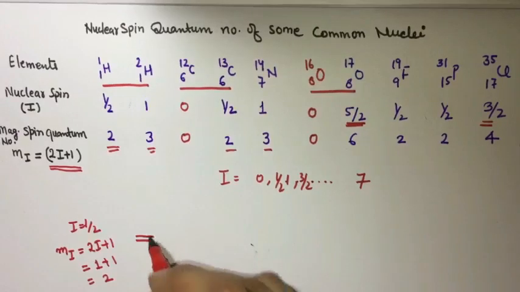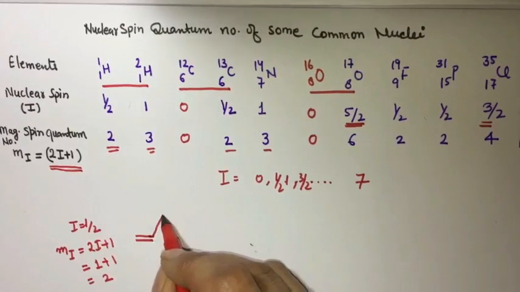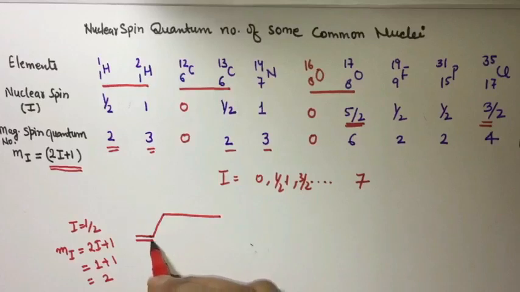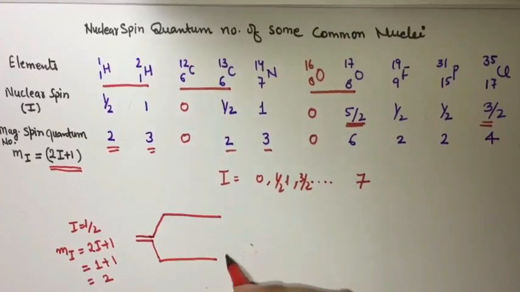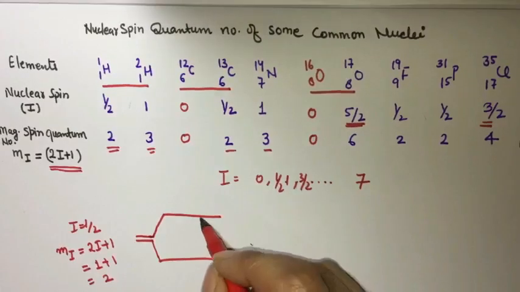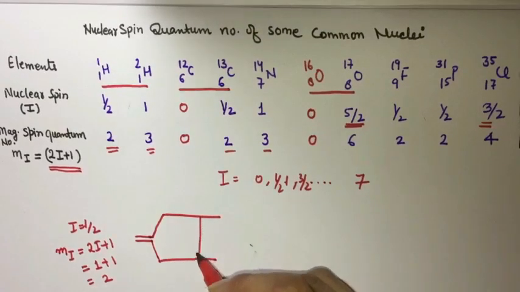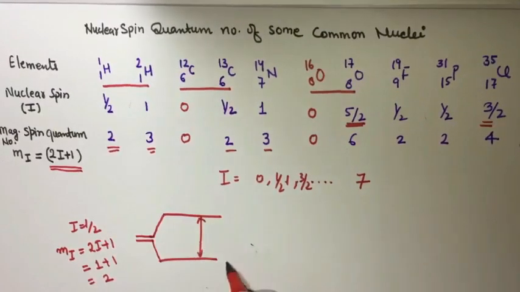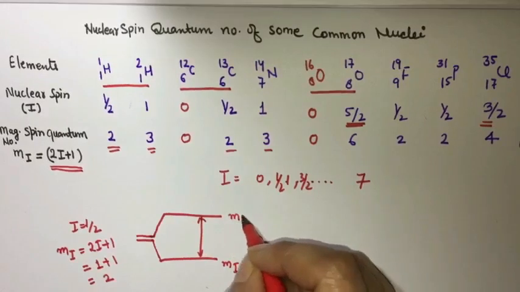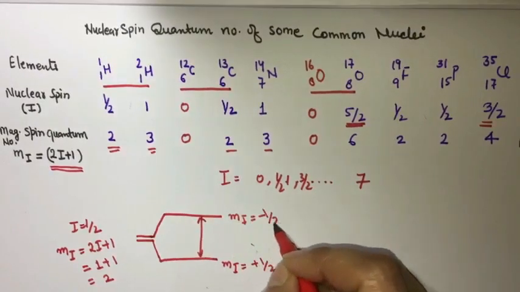When we apply an external magnetic field B naught, these energy states get split, and there is an energy difference between these two. This corresponds to MI equals plus half, and this corresponds to MI equals minus half.